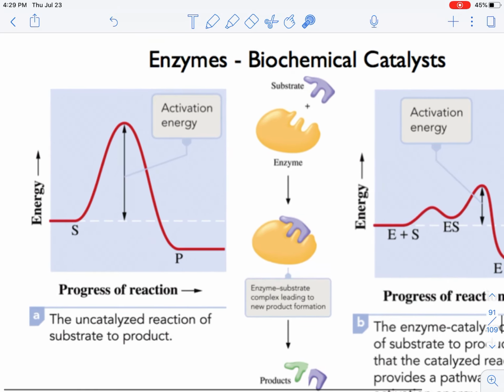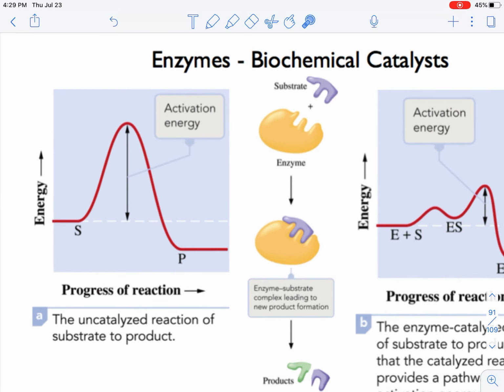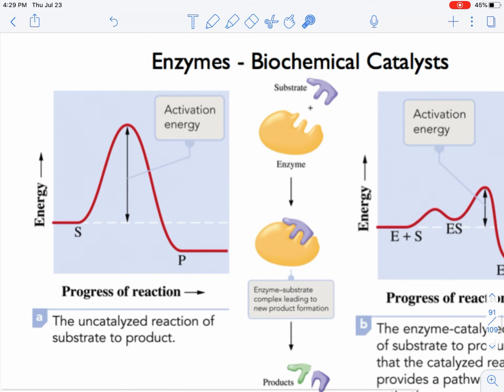Overall, if you have a substrate, a substrate is the substance that goes into the enzyme. So S for substrate. For the substrate to be converted into product, it has to overcome the activation energy. This is an example of what a potential energy diagram might look like for an uncatalyzed reaction.